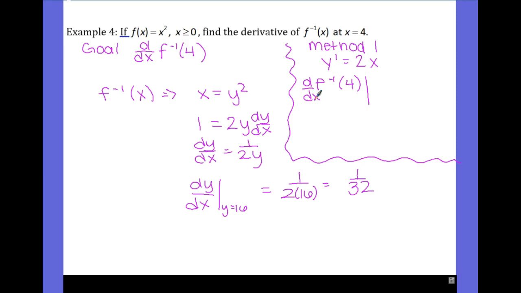So you flip-flopped it again. And that would have put your 16 here, and it would have been 1 over 2 times 16. So it works out just the same. Does that make sense?